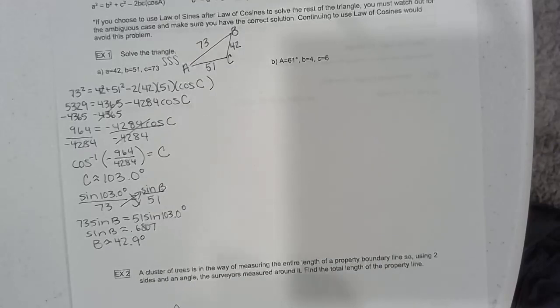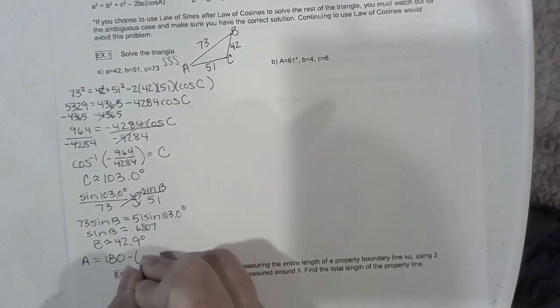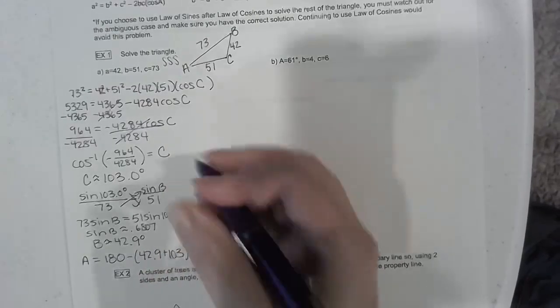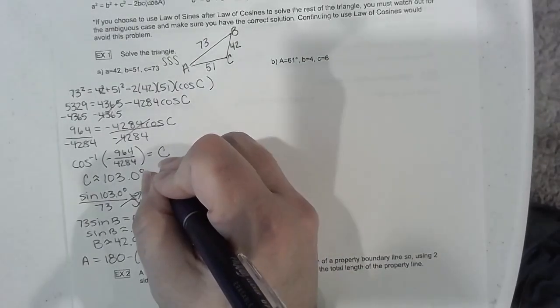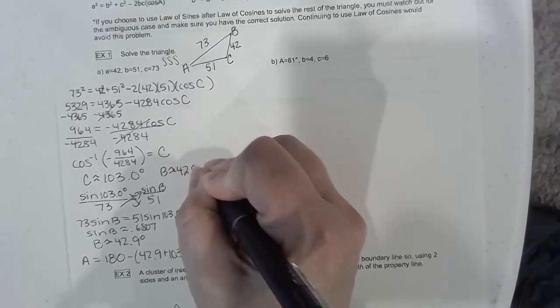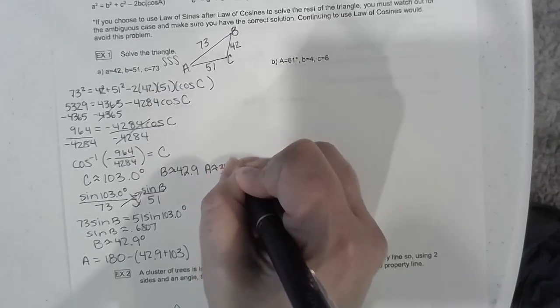So I know in this case that this has to be the right angle B. So then my final step is to find angle A by doing 180 minus the sum of B and C. And so I've got angle A. We already had B is 42.9. And angle A we then find to be 34.1.